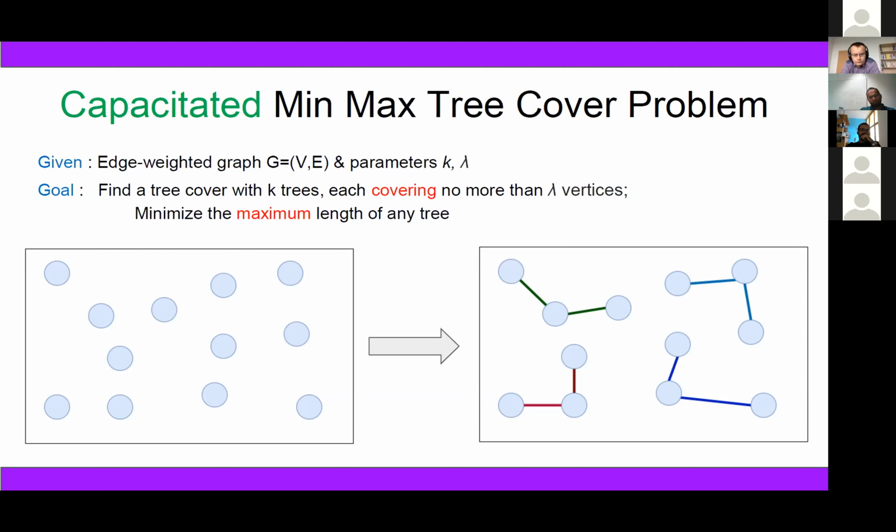So that's my input. To summarize, there are 3 parameters. Of course, I have the graph with edge weights, and a parameter k, which bounds the number of trees that I can use. And I also have a bound lambda, which tells me how many points each tree can cover at the most. Again, I want to minimize the maximum length of any tree. I hope the problem statement is clear to everyone.